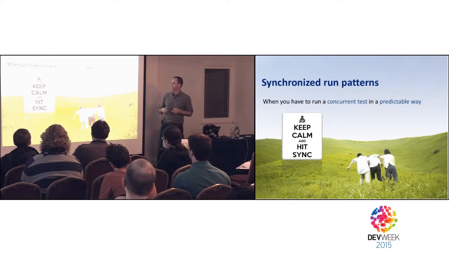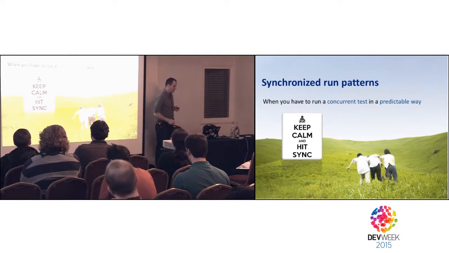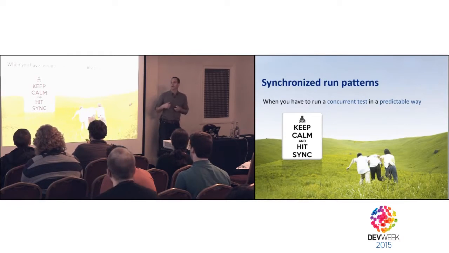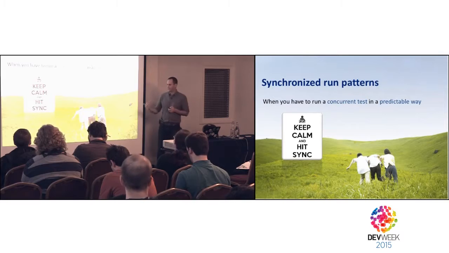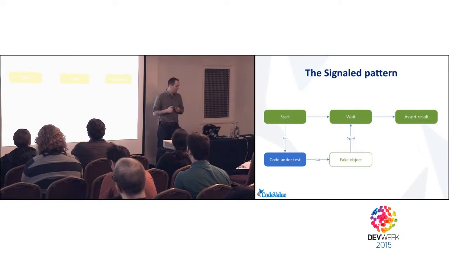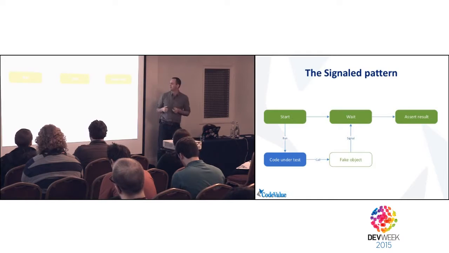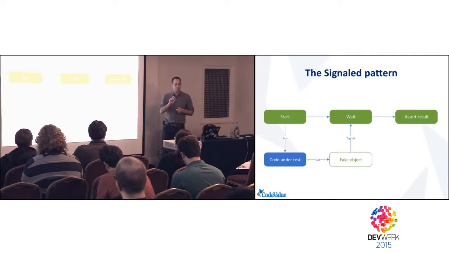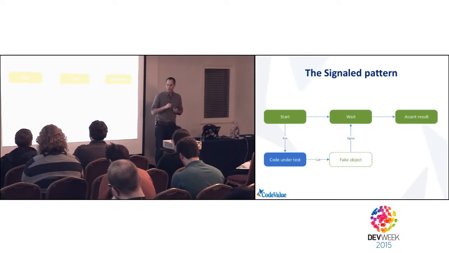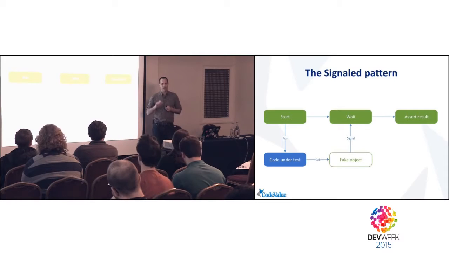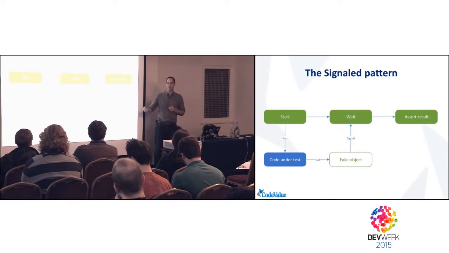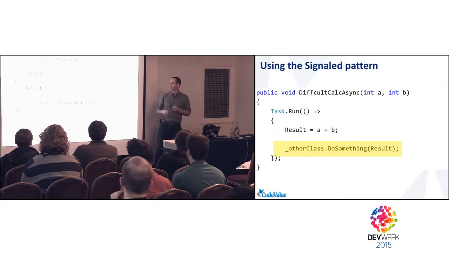And in this case, I still want the test to be predictable because it's a unit test. Now, there are two ways I tend to find myself returning to all the time. First being signaled. I call it the signal pattern. And the idea is to find a hook, someplace I can hook into the test using a fake object, put there a wait handle, and wait for it to happen, and then continue with my test.